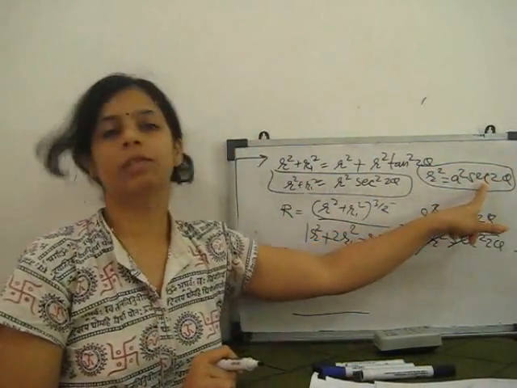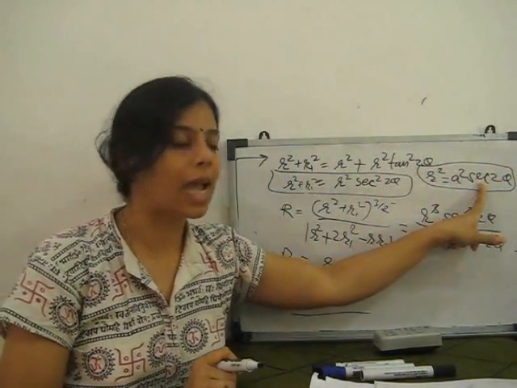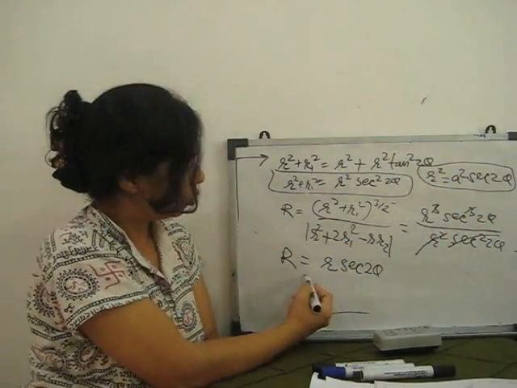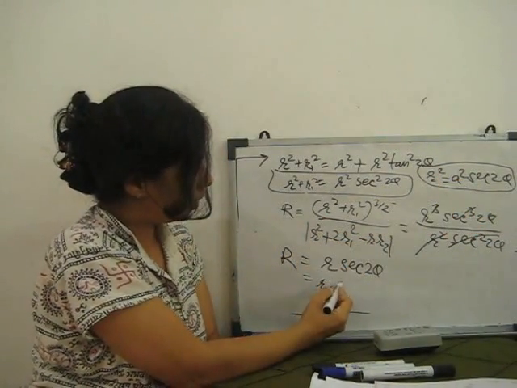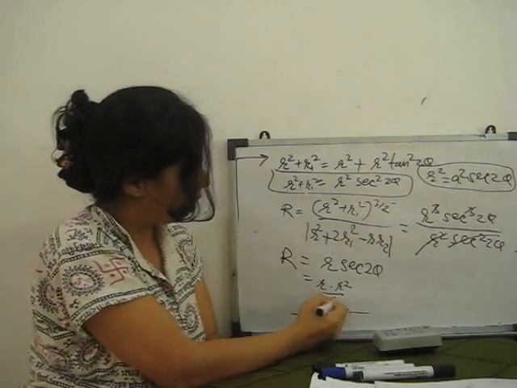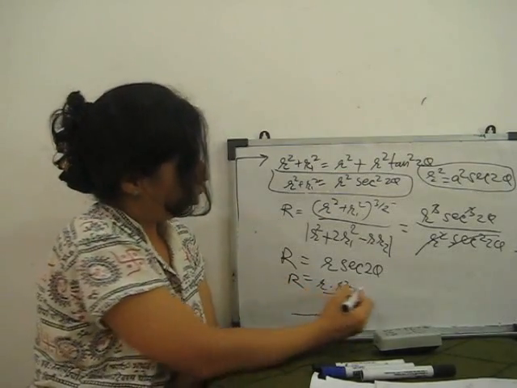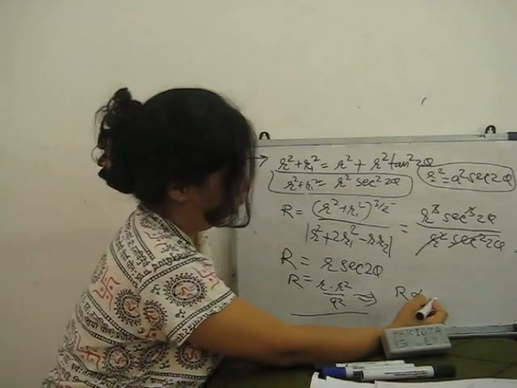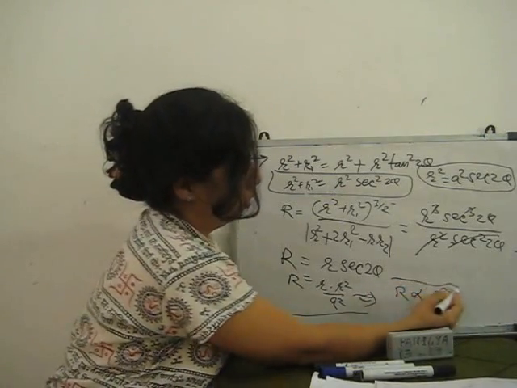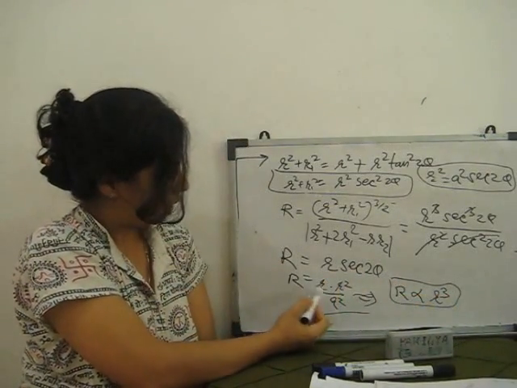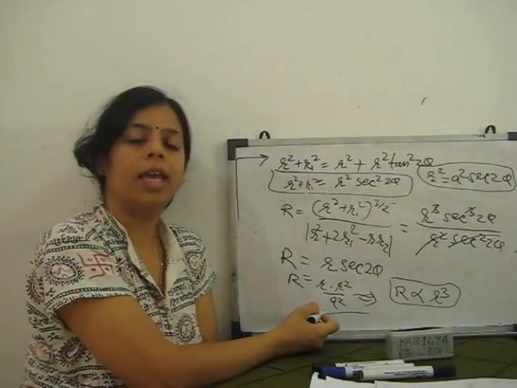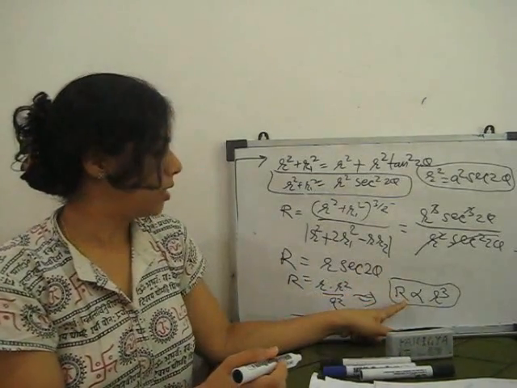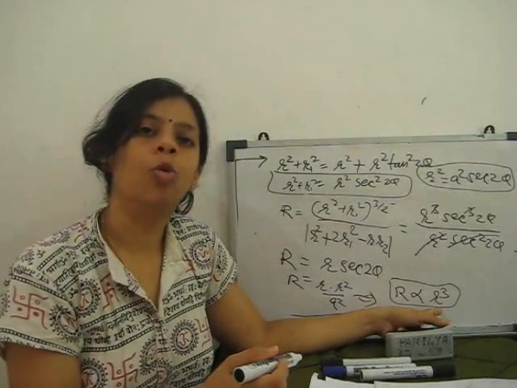With the help of this we can substitute sec 2 theta, which is r square by a square. So we substitute here r into r square by a square. With this our radius of curvature is r cube by a square at any point r, theta. Hence rho is proportional to r cube.